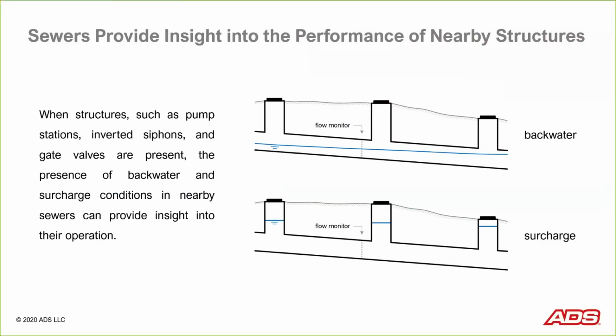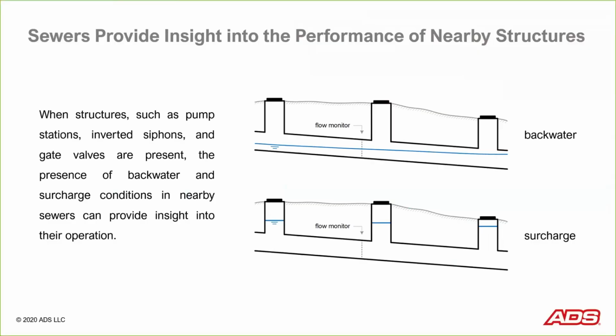I've mentioned in some of the previous webinars as well that one of the keys to understanding scattergraphs of flow monitoring data is to be able to visualize from the data what is happening in the sewer itself. So I'm showing you some profile views here as if you're looking at the sewer line from the side.